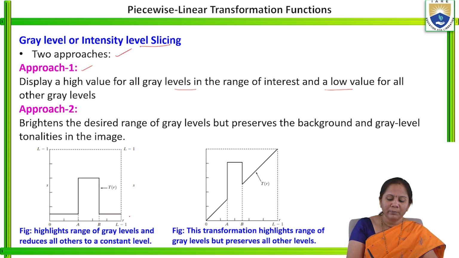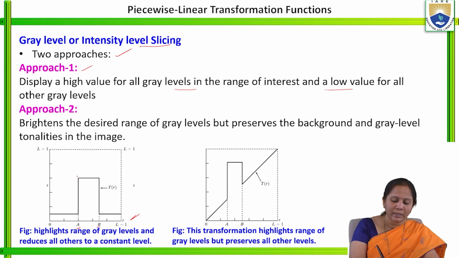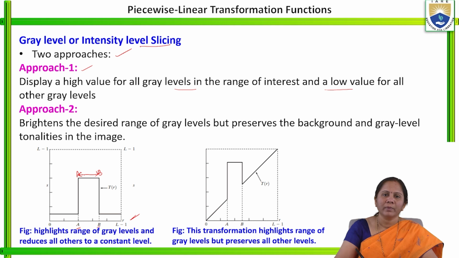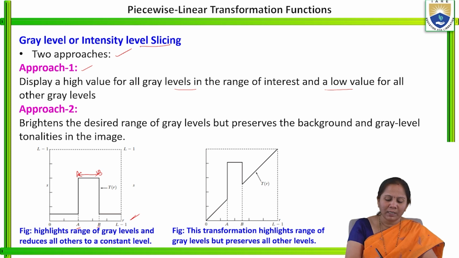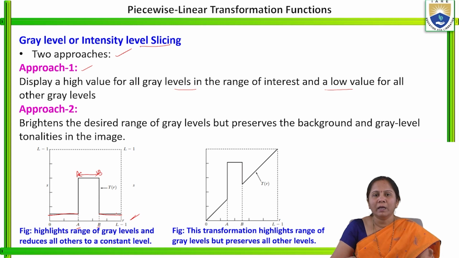For example, if we consider this graph here, with A and B, this is the region where the highlighting takes place, whereas before A and after B we will have low values. That means that intensity will be compressed.